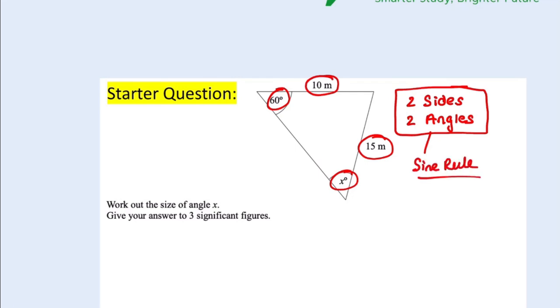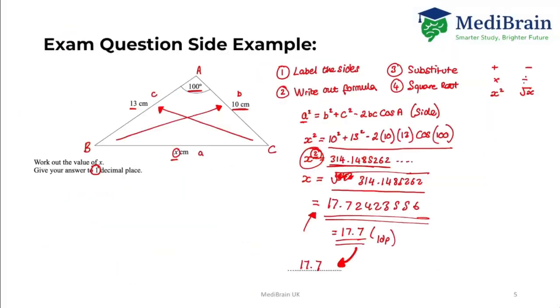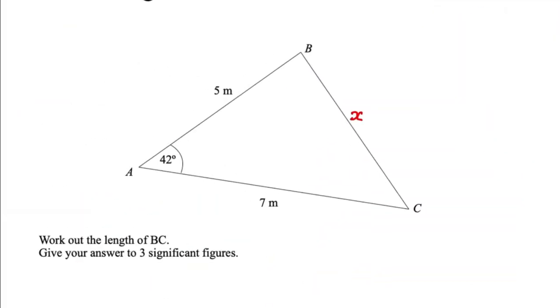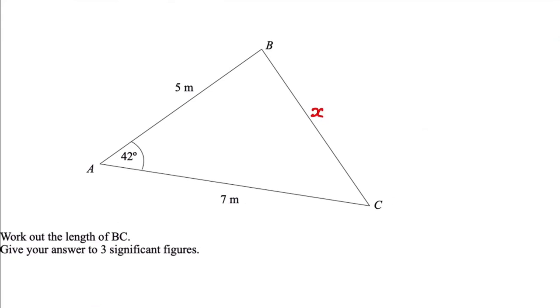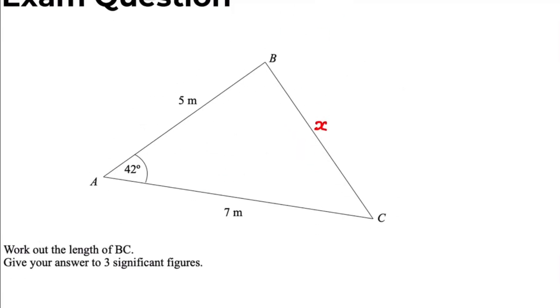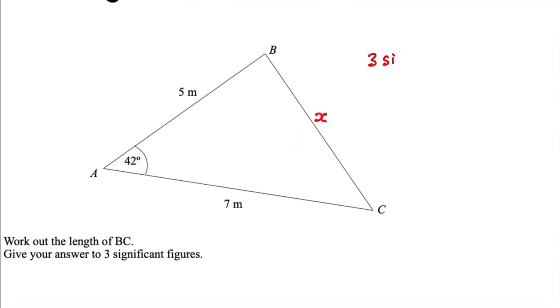When you've got two sides and two angles, and that includes your x. If we go to the cosine rule question, which is over here, we have three sides and one angle, including x.